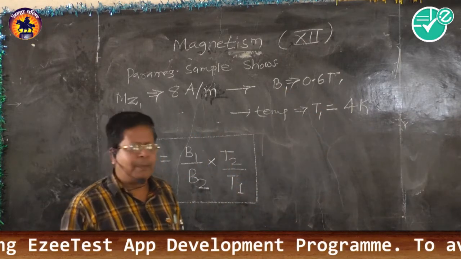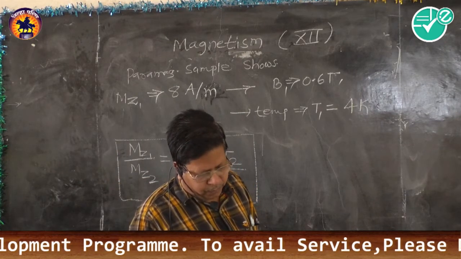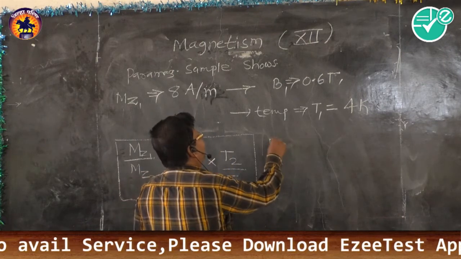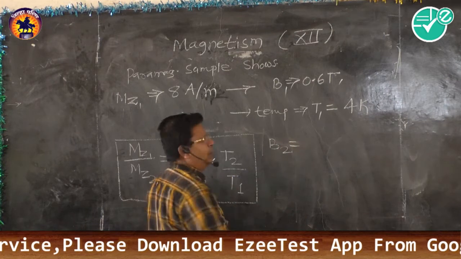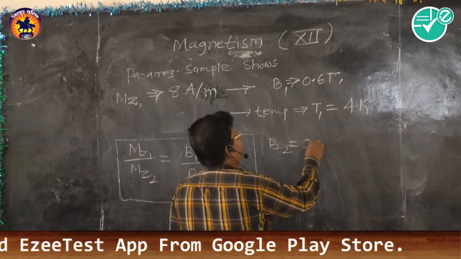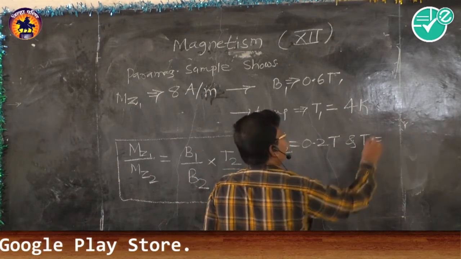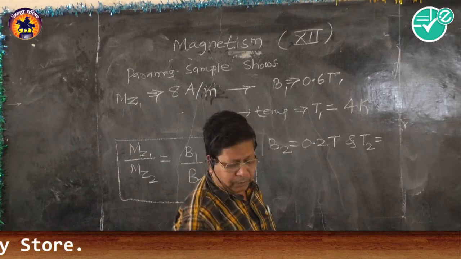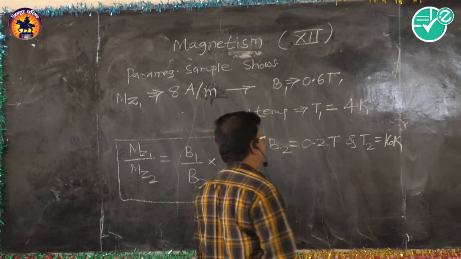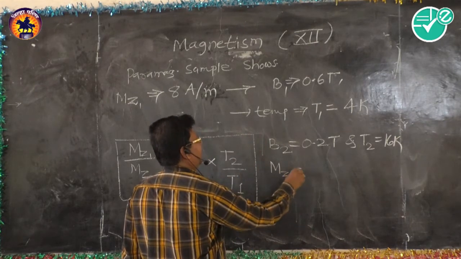For the same paramagnetic sample, if B2 is 0.2 Tesla and temperature is 16 Kelvin, then we have to find the value of Mz2.